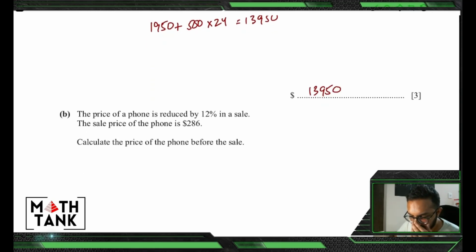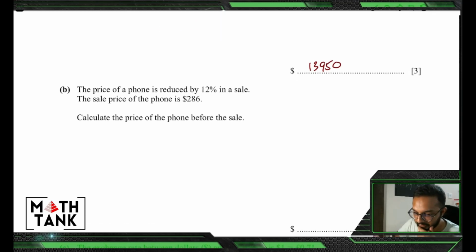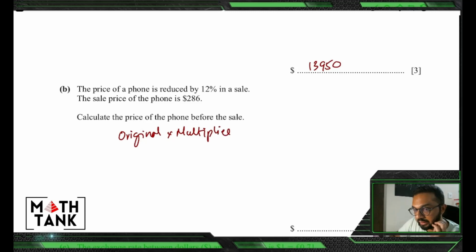The price of the phone is reduced by 12% in the sale. The sale price of the phone is $286. Okay, so original, multiplier, final. Original is something that I don't know before the sale. So, okay.